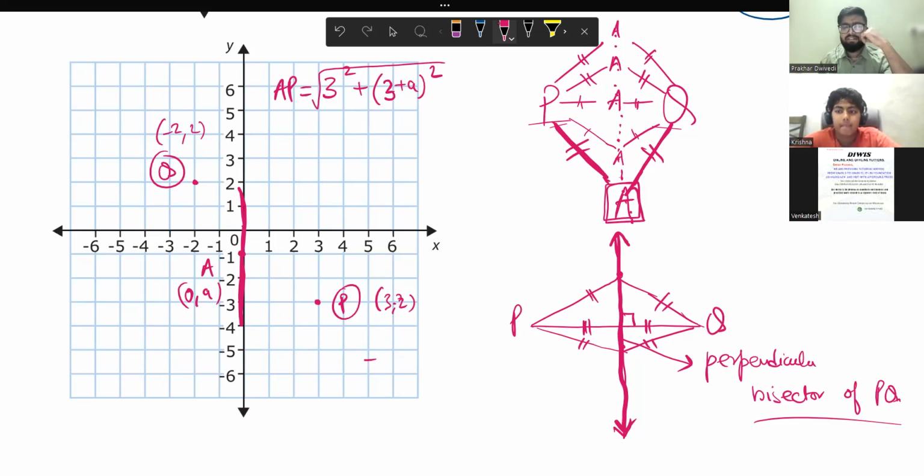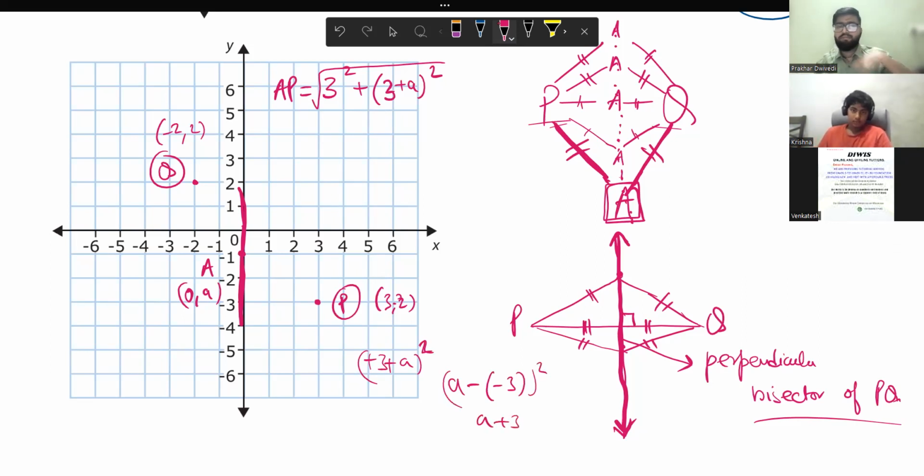If we put a negative 3, then negative 3 minus a, that also means plus now, because we are having a square. And if we put a plus, so a minus and minus 3, then also we are getting a plus 3. So we will put 3 plus a.